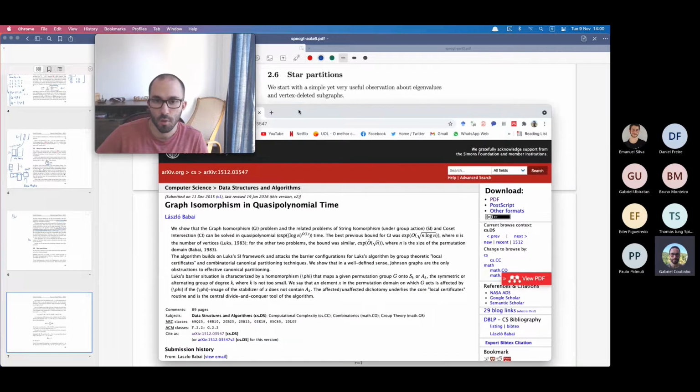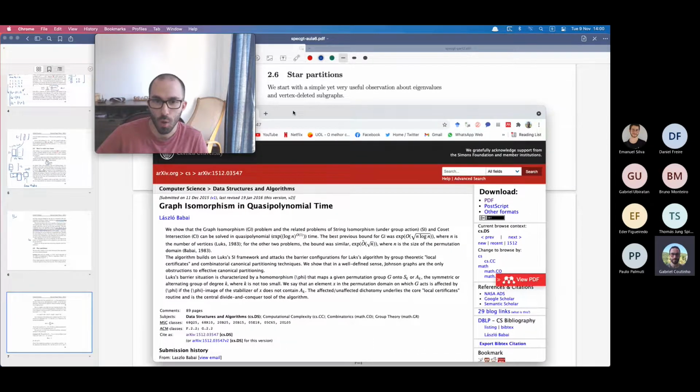I do not think this algorithm has been or will ever be implemented. It probably takes longer to understand this and implement the algorithm than to check by hand whichever graph you want.